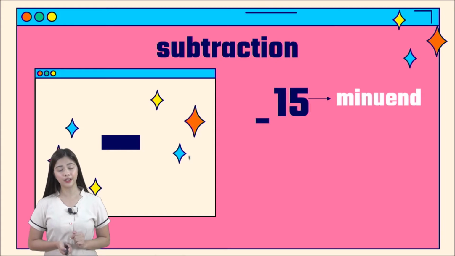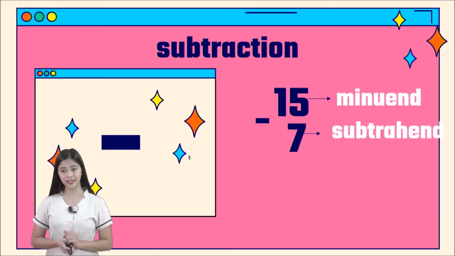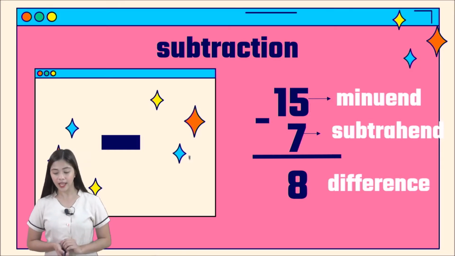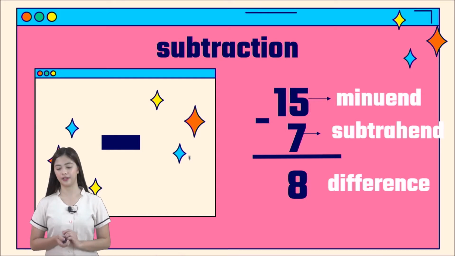But in here, we use 7 as the subtrahend. So we have 15 minus 7 is equal to 8. So now, 15 is the minuend, 7 is the subtrahend, and 8 is the difference. So like what I've told you a while ago, addition and subtraction are inverse.